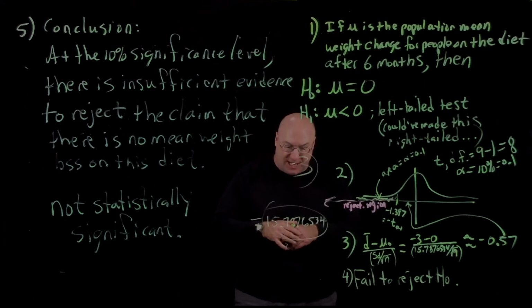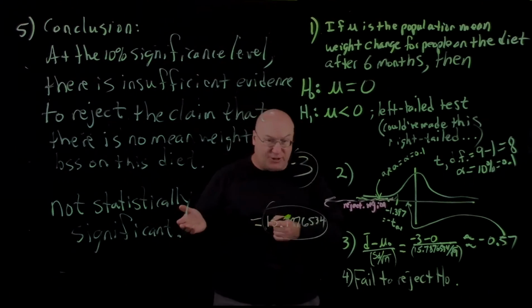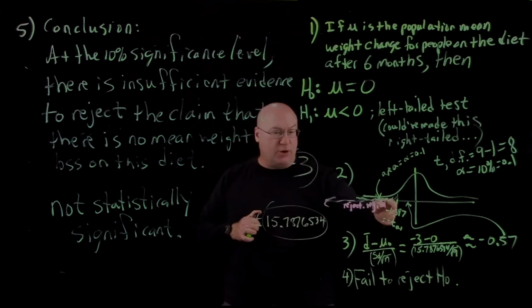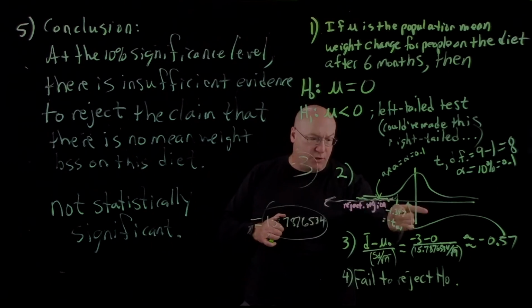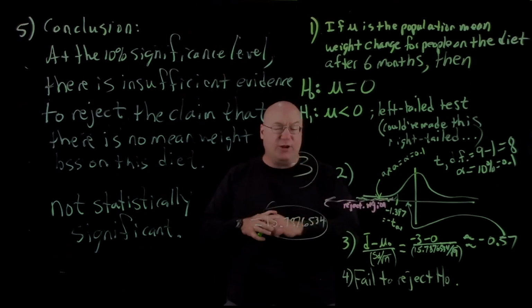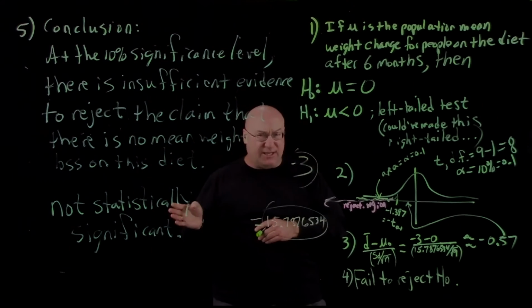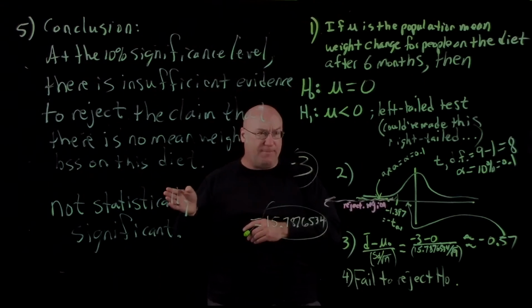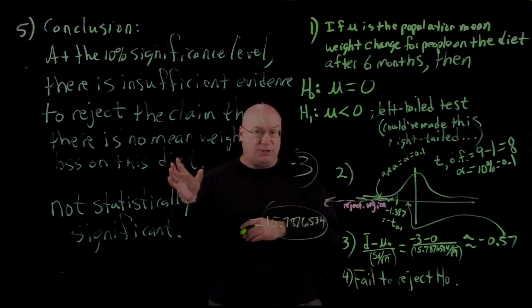All right, if the sample mean loss had been great enough for its t-score to lie in the rejection region, so if it had turned out to be a more negative number and we'd had a t-score over here in the rejection region, we would reject H naught, and we would believe that there is some evidence for there to be actually a weight loss due to the diet.